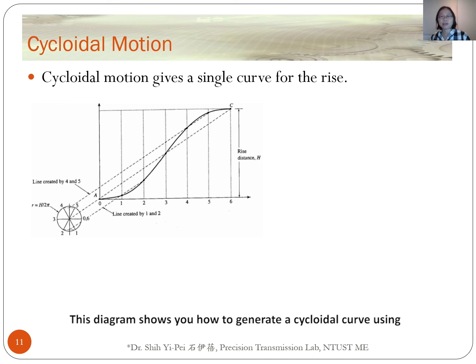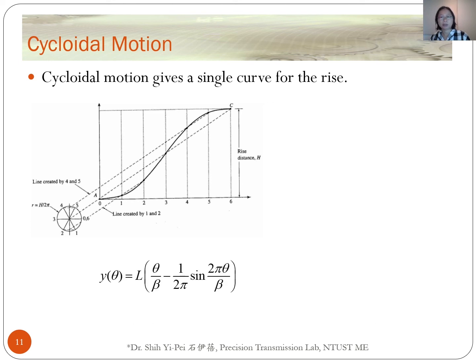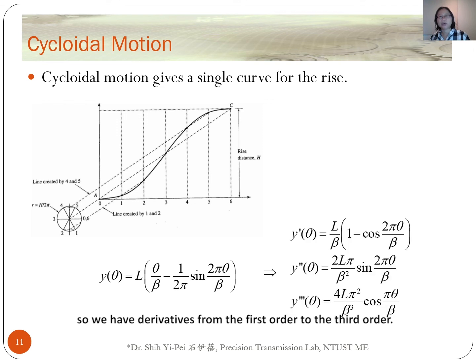This diagram shows you how to generate a cycloidal curve using the graphical method. The formula of the cycloidal curve for a rise is given like this. So, we have derivatives from the first order to the third order.